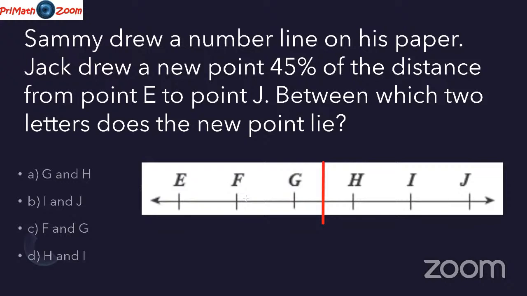Nia says F and G, because between G and H is the halfway point, and 45% is before half, so between F and G would be 45%. But look here, guys, couldn't right here, which is less than 50, also be 45%? Think about it. Couldn't it be here as well?